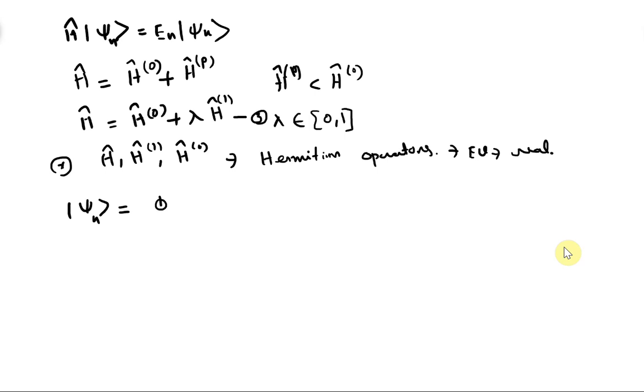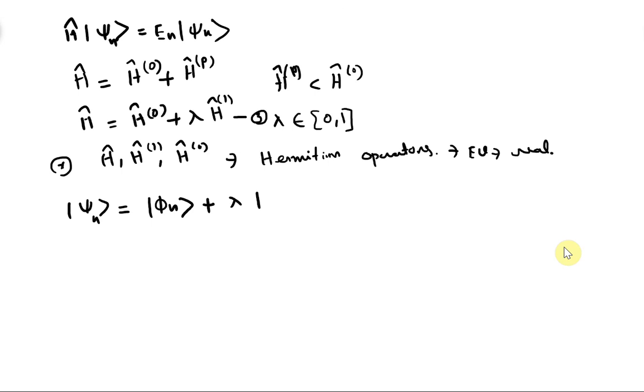So this is nothing but psi n 0, the zeroth order correction, which is nothing but phi n. So I will write it as phi n plus another term, the second term which is coming. Sometimes I will be using psi n 0, but psi n 0 and phi n are both the same, that you have to understand.